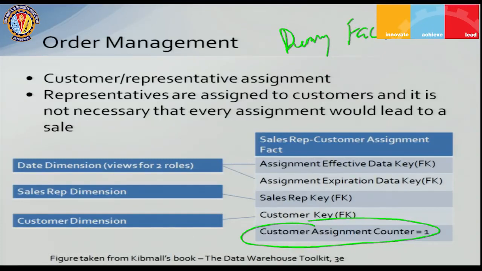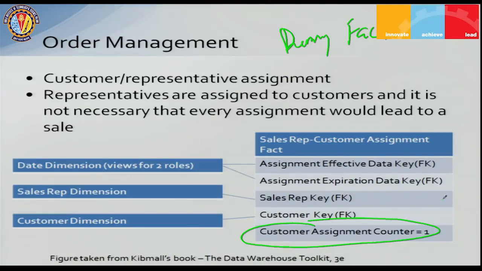The dummy fact is only there to enhance the readability of SQL. When you do any kind of counting operations on this, later I have an SQL query which would highlight the use of this dummy fact.